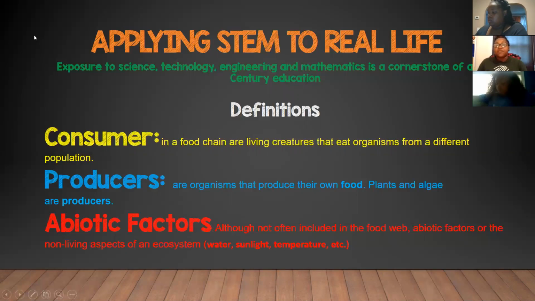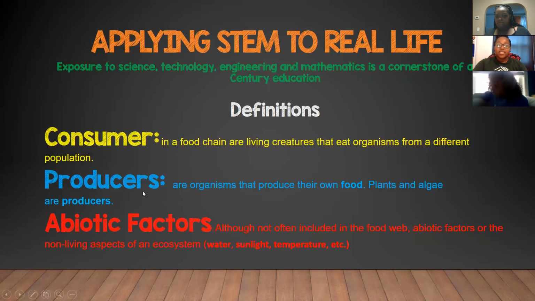All right, so for our definitions, you guys can take a little bit of time and write these down if you have your notebook and your pencils. A consumer in the food chain is a living creature that eats organisms from a different population. Consumers could be animals, consumers could be humans. We consume different things from the population and the environment.